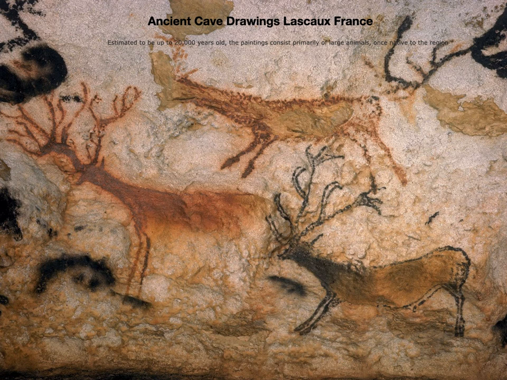Here we have paintings from the caves in Lascaux in France. These are estimated to be 20,000 years old, and we see the use of ochre, which is an earth pigmented with iron and metals to create the color.